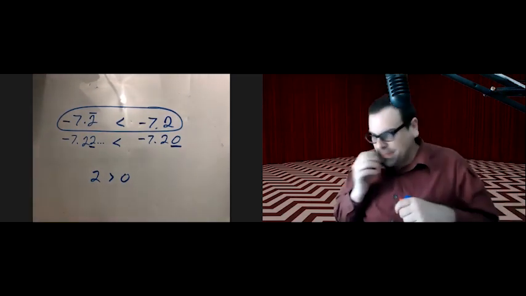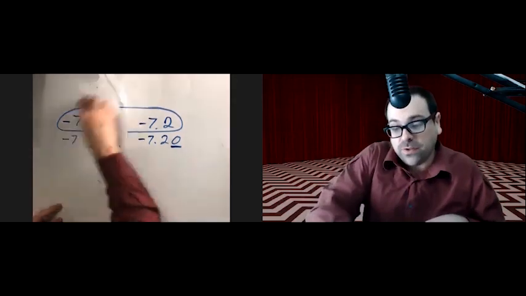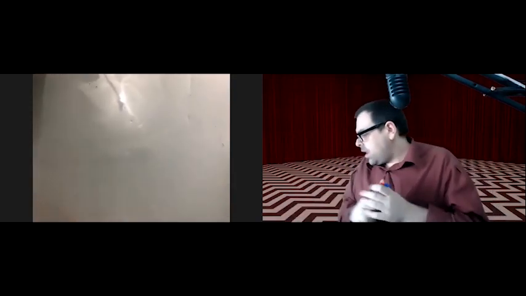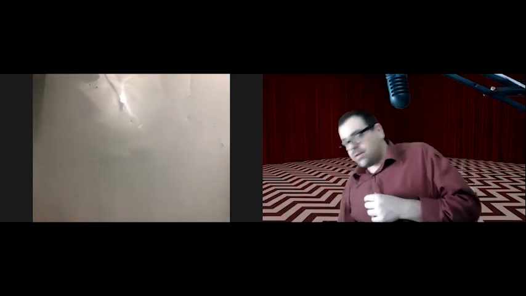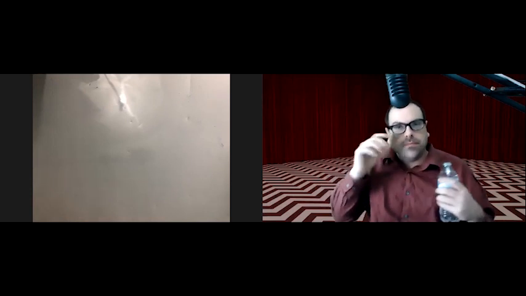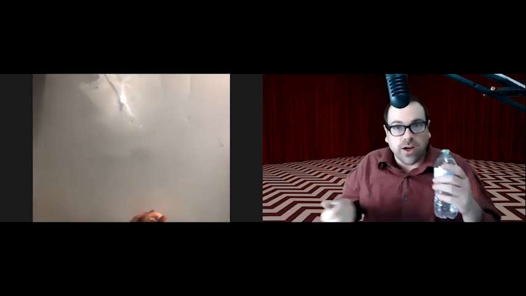Now I want to talk about something called interval notation. I'm sure that in your entire math career, this is not the first time you've seen points on a number line.